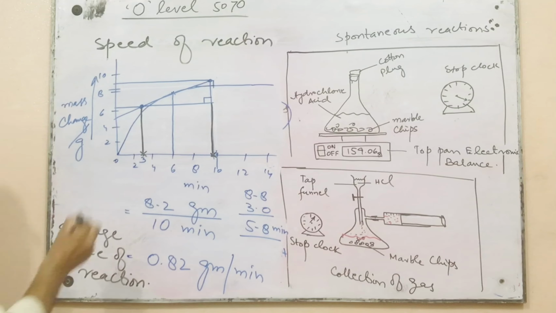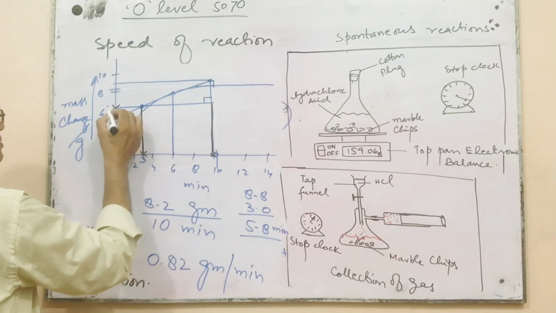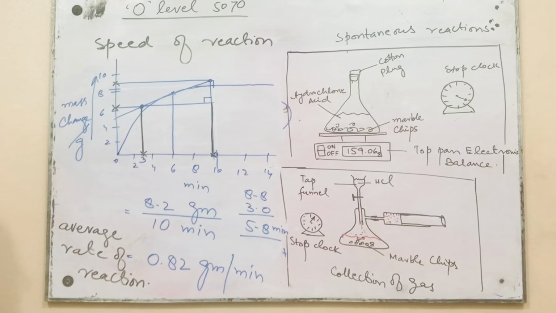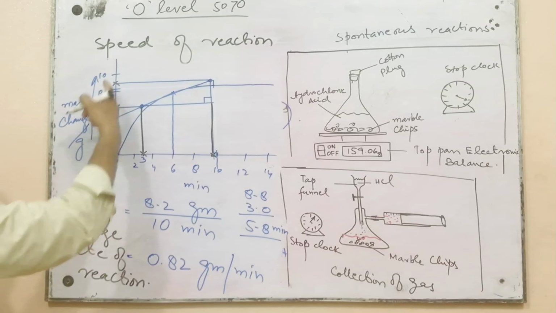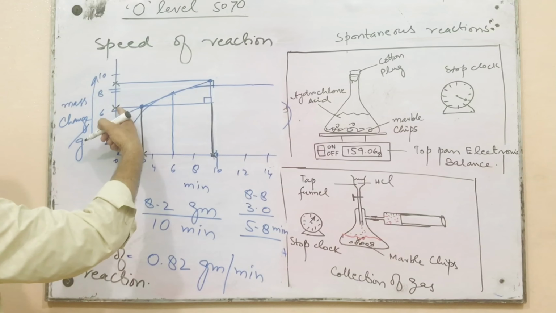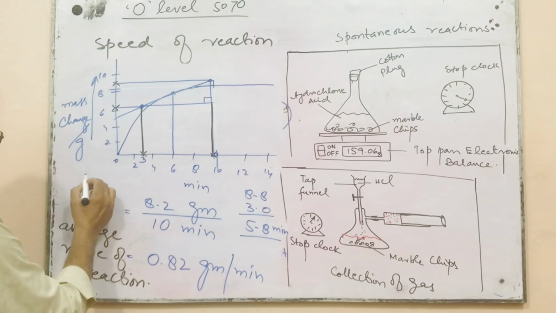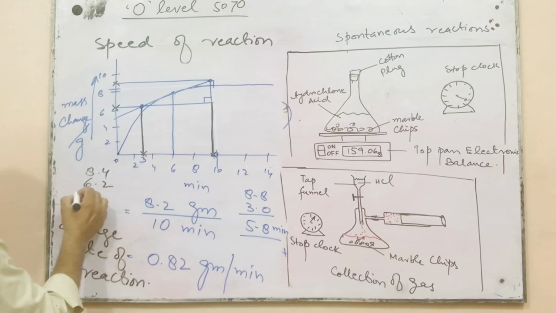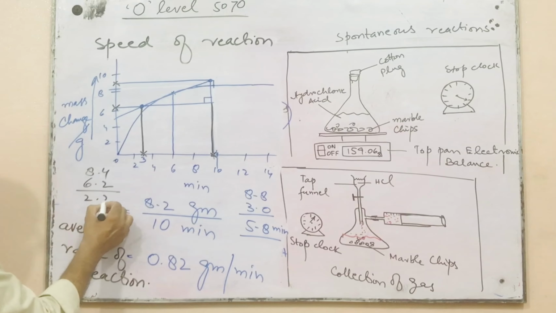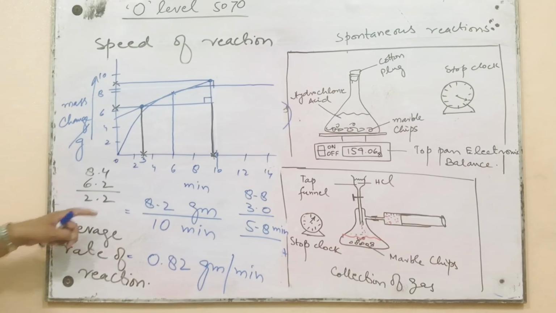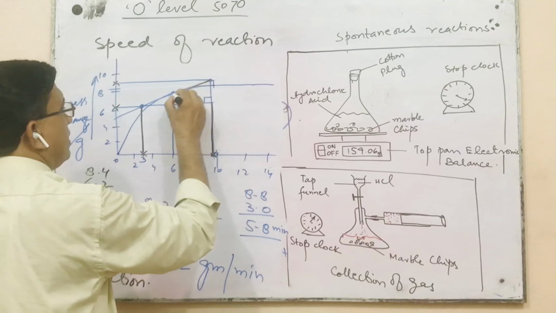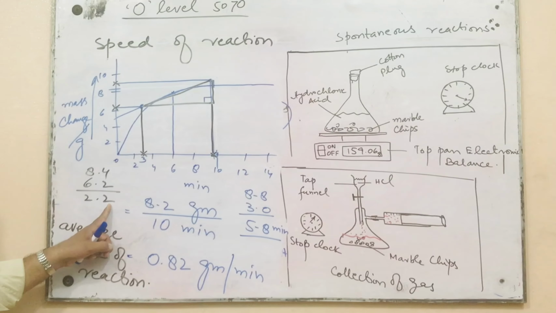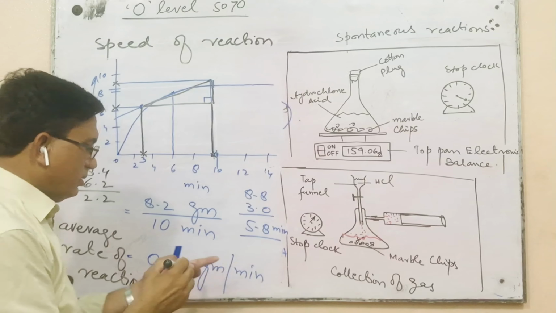Say from 6.2 to 8.4, this change is taking place. See, this is 8.4 and it starts from 6.2. What is the total difference? This is 2.2. It means for this right angle triangle, the total mass change is 2.2 grams in 5.8 minutes.